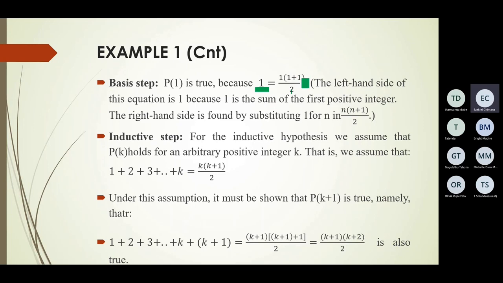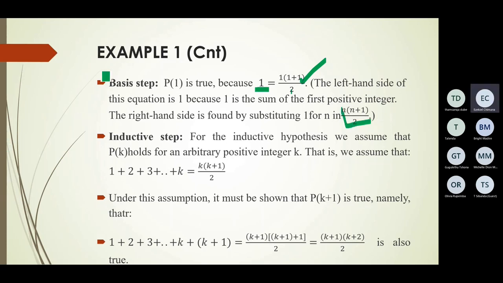Since 1 here is equal to 1 here, then we can say that P of n is true for n equal to 1. So the left-hand side of this equation is 1 because 1 is the sum of the first positive integer. The right-hand side is found by substituting 1 for n in this expression.